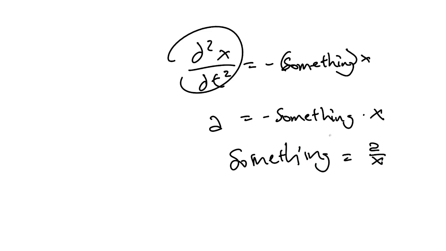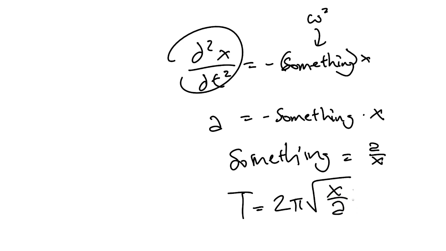And so how this is important is that this something is formally defined as omega squared, excuse me. So we can actually bring this straight into our period equation, which was shown there, which is 2 pi, and remember that this flips, so this is x over a, right? And so this is going to be really important later on. But yeah.